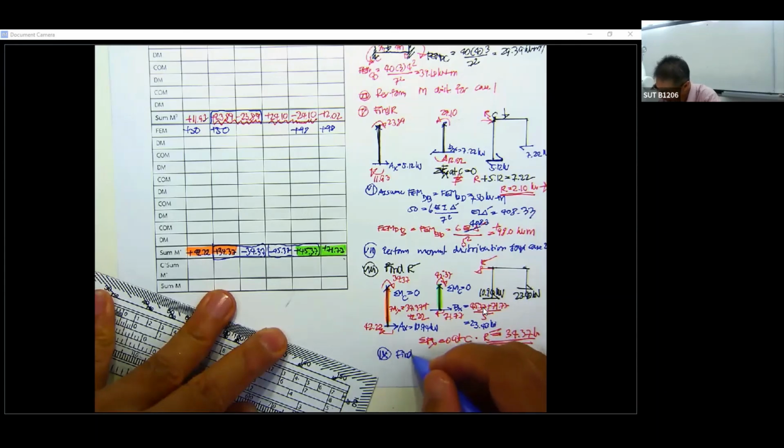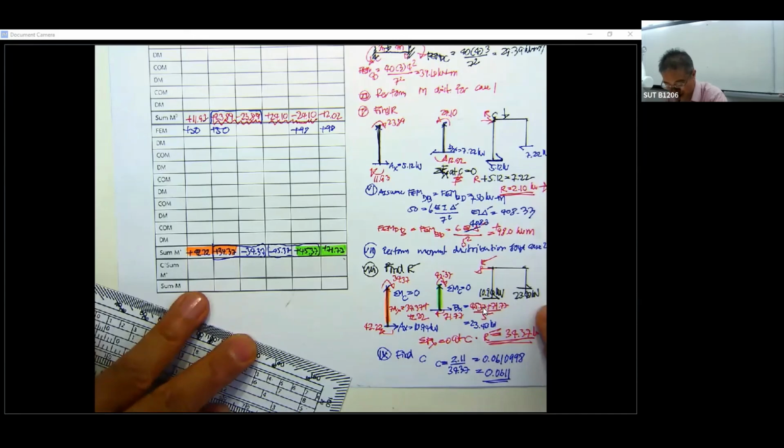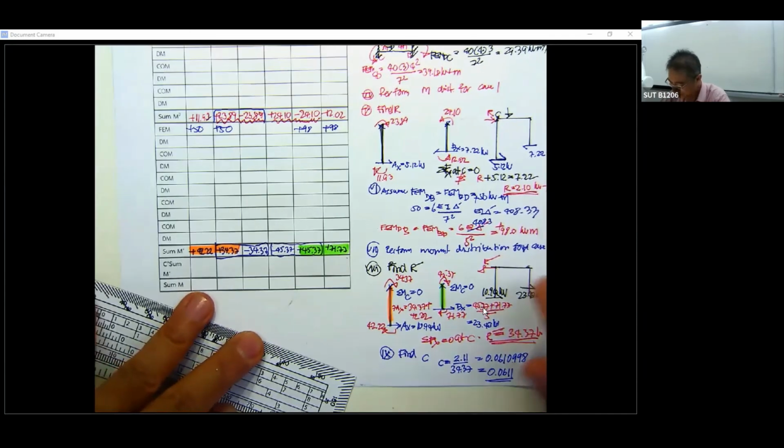you find C. C is equal to, by doing this, R 2.11 divided by 34.37. That is going to be very small number, 0.06109998. Okay, or 0.0611. Okay, you may use this, and then you adjust this one.